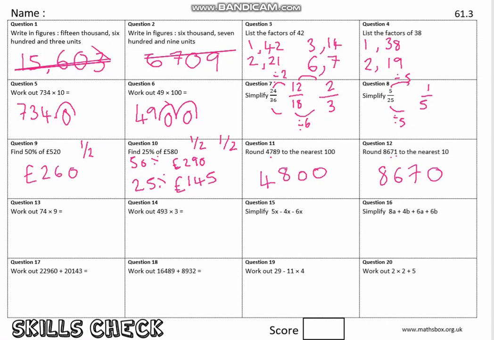Okay, on to the next one then. So this one says 74 times 9. Okay, so we're going to do this nice and easy like we normally do. We're going to chunk it up, okay? So we're going to have 70 here, we're going to have 4 here, and we're going to have the 9 here. Okay, so we're going to do 9 times 70.